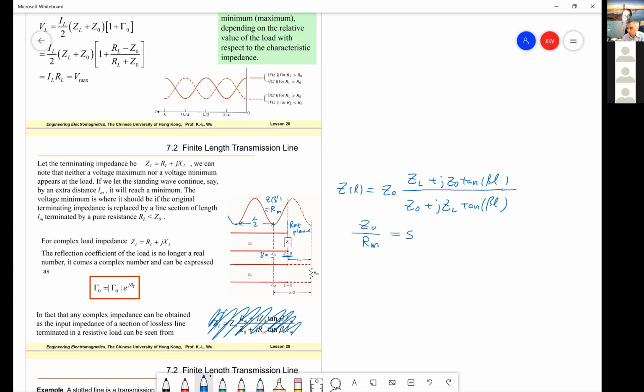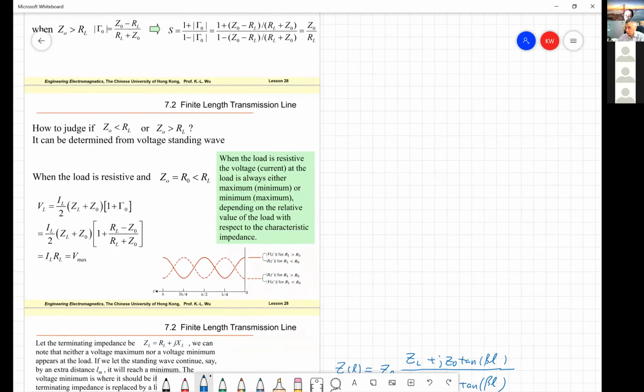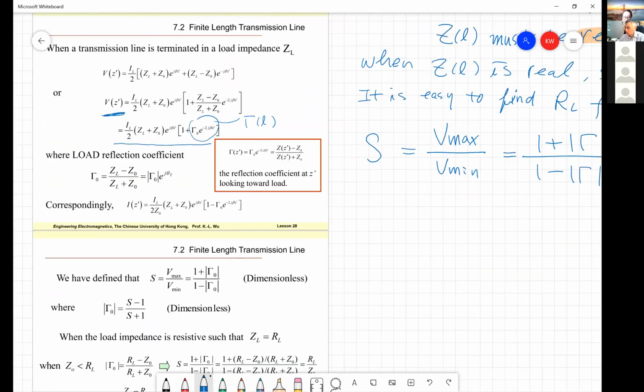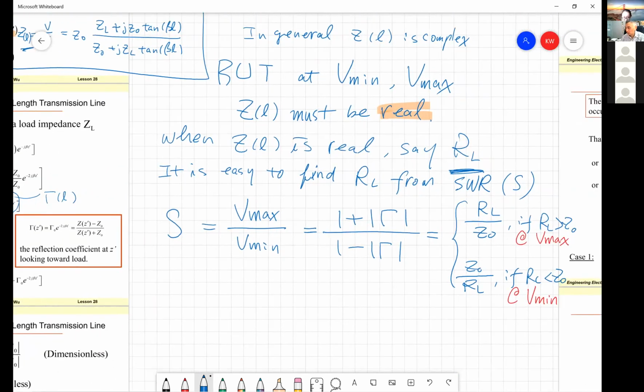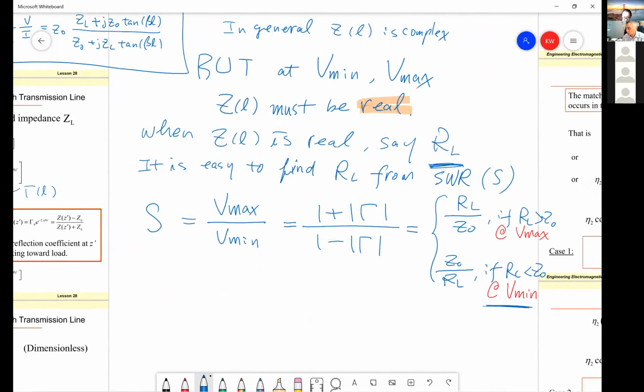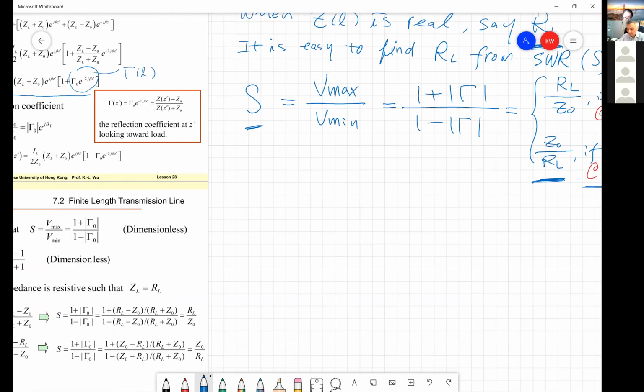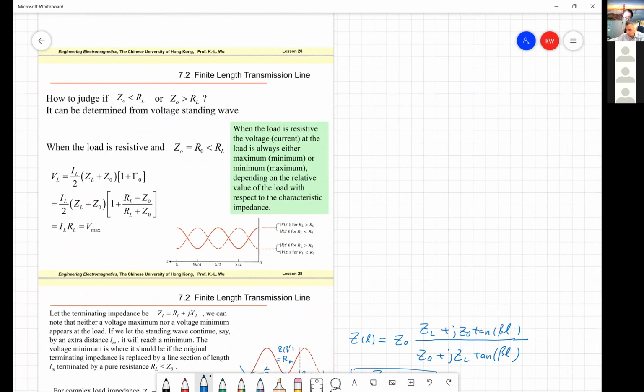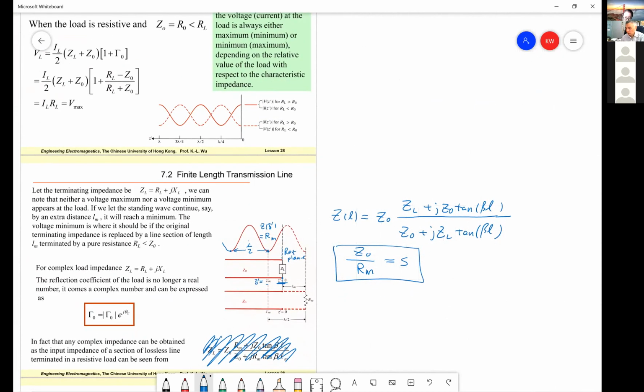This is related to the standing wave ratio, right? According to what I just reviewed, at voltage minimum, the load relates to the standing wave ratio like this. So therefore, I can easily find Rm.